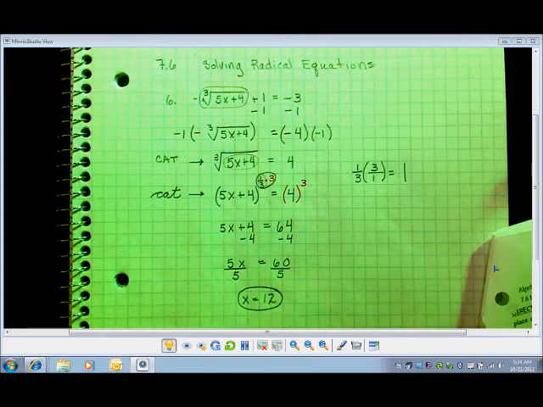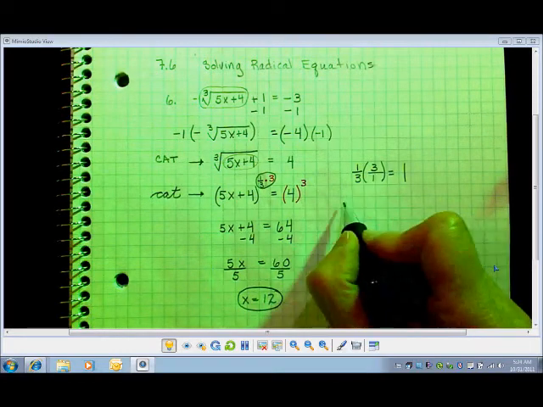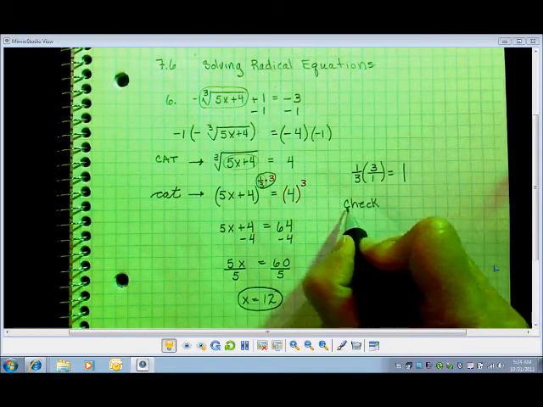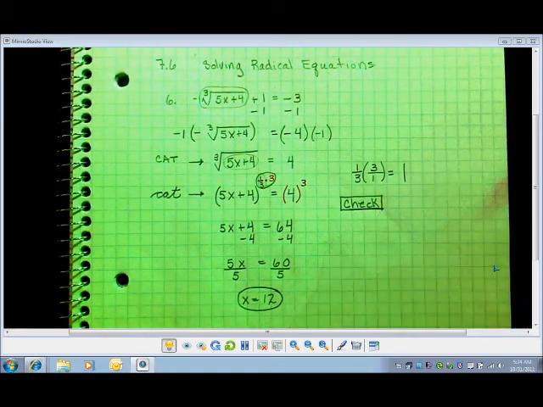So before I go on my merry way, I need to check to make sure that this is in fact a solution. This isn't the same sort of check you did in elementary school where you had to go back and make sure you did it correctly. This is a type of check to make sure that this is in fact a solution.